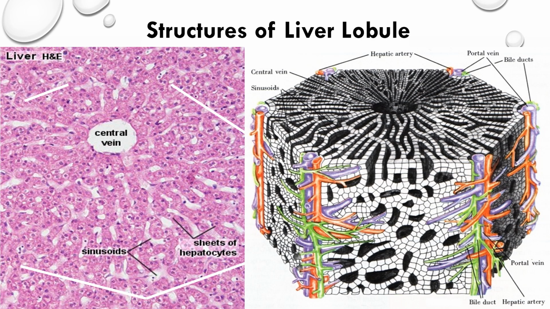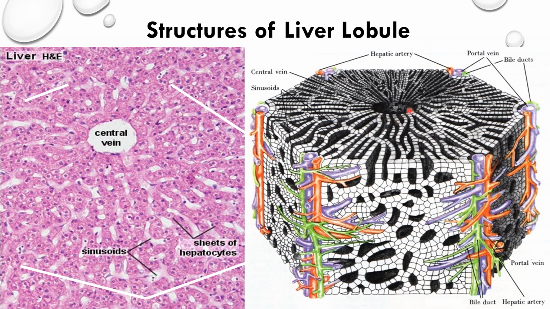Again, the structure is given in different pictures. This is the central vein, and here you can see the hepatocytes or the hepatic plates. These are the hepatic plates, and these are the sinusoids. Here in another angle it is given just to know how the liver lobule is formed.